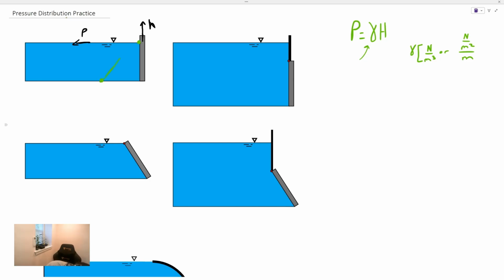You'd reach some pressure equal to gamma times your height. The slope of this line, the amount of pressure increase per unit depth, is gamma over 1 here. And that's really what gamma represents. You can see that we were able to successfully draw the pressure distribution here.